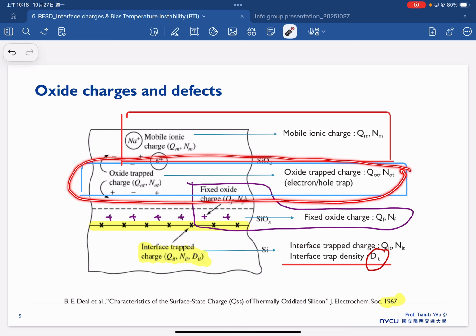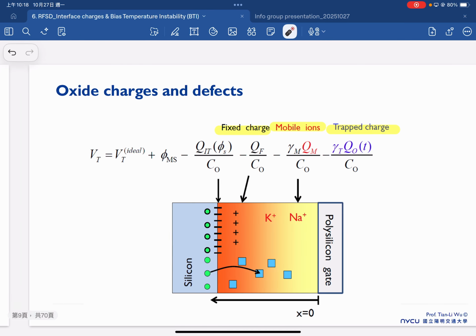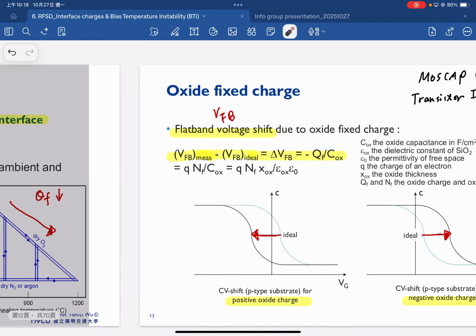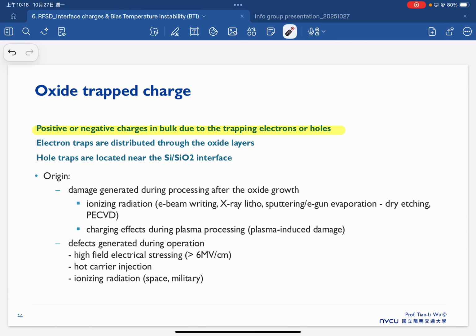In the case of the oxide trapping charge, we can have positive or negative charge due to trapping electrons or holes. So electron traps are distributed through the oxide layer.